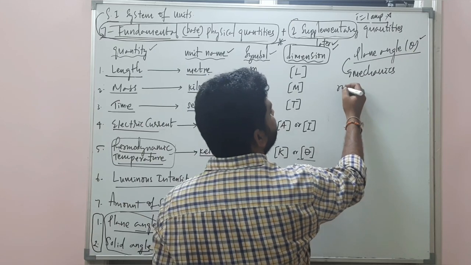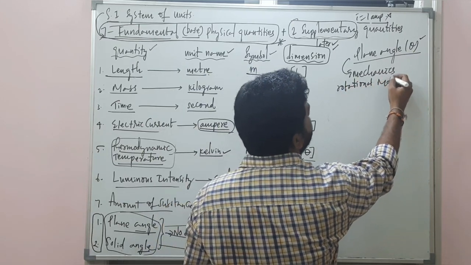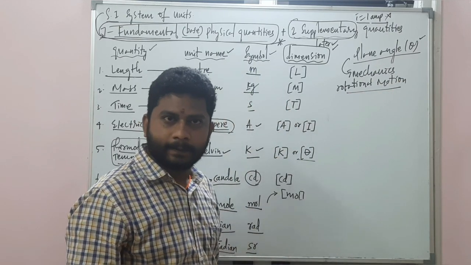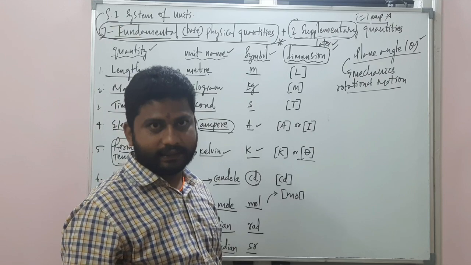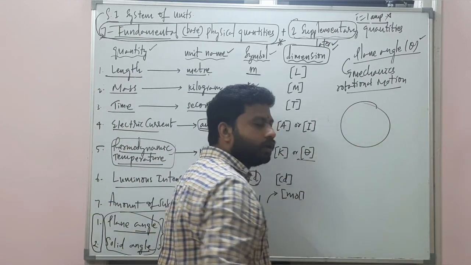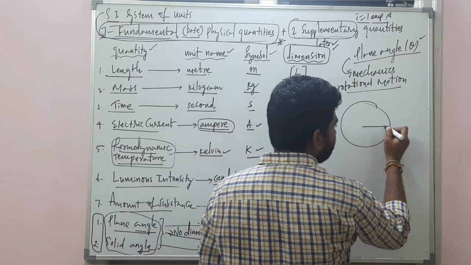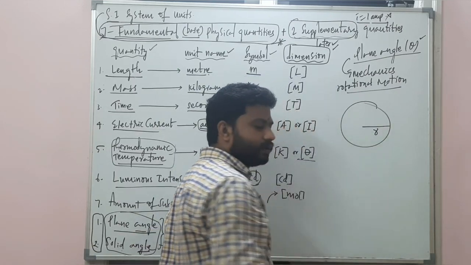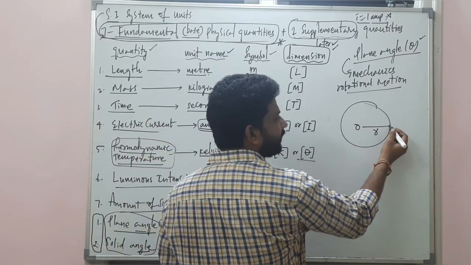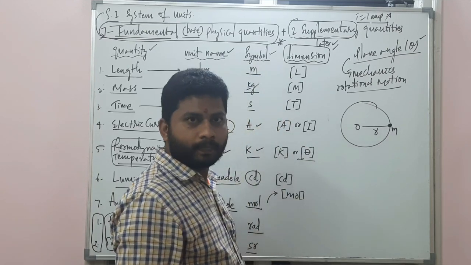Clear? Or we can say especially in rotational motion, which is a chapter in physics. What is this plane angle? So simple. Imagine there is a particle moving in a circular path, and the radius of the circular path is small r. This is the center, and the particle is starting from here. Imagine the mass of the body is m.